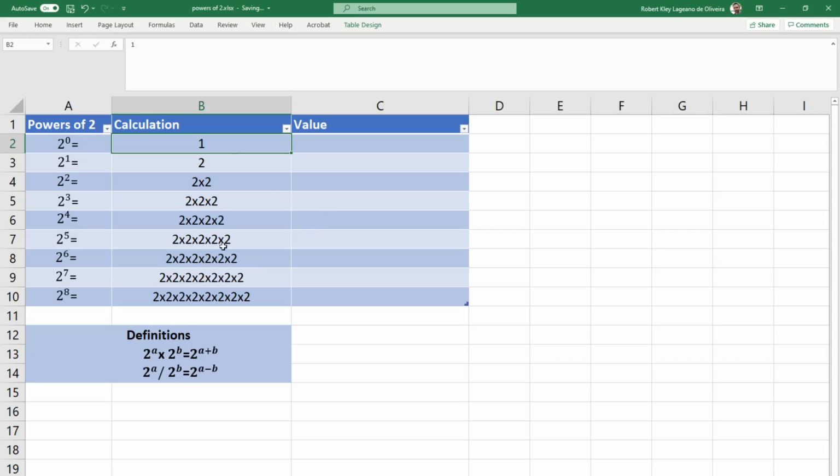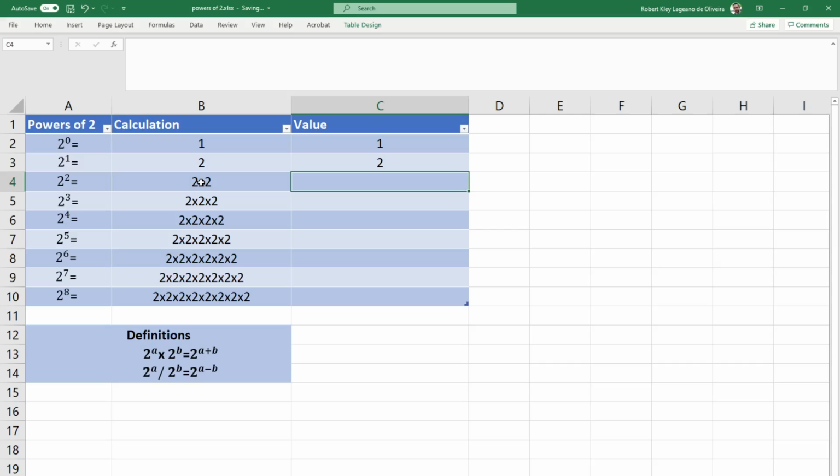All right, after we now know exactly what the powers of the numbers mean, we can just basically find a value for each one of these. Now 2 to the power of 0 is just 1, so the value will be 1. 2 to the power of 1 is 2.